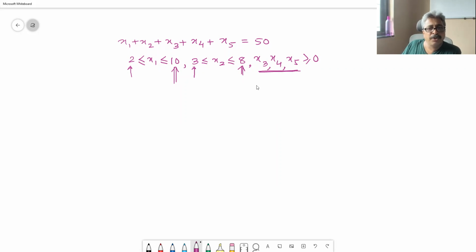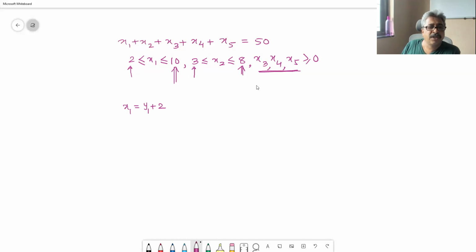Okay, so how do we solve this? Now, we learned two things in the last lecture. For the lower bound, we said we will replace x1 by some variable. X1 is equal to y1 plus 2. Then what will happen? When x1 is 2, y1 is 0.